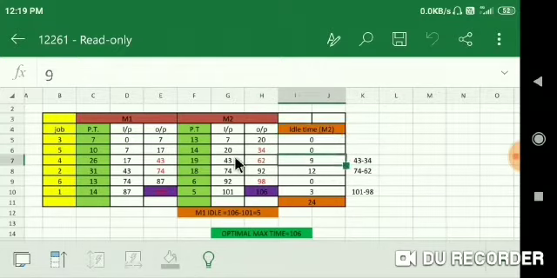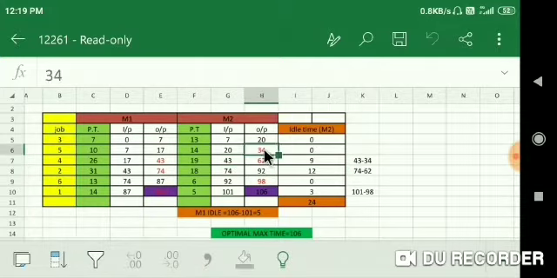We can't start from 34 because we are not getting raw material, so it will start from 43. The processing time is 19. 43 plus 19, so the output for this will be 62.